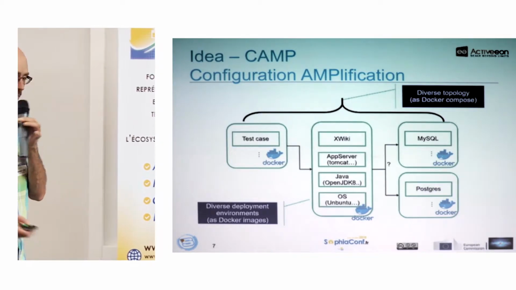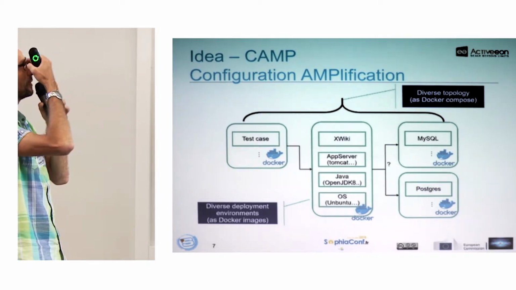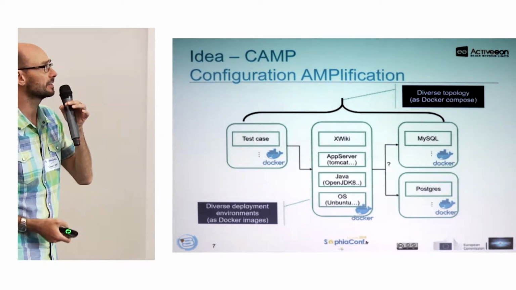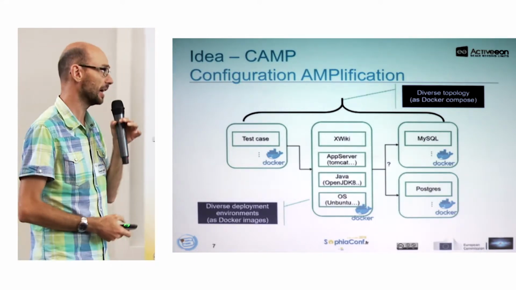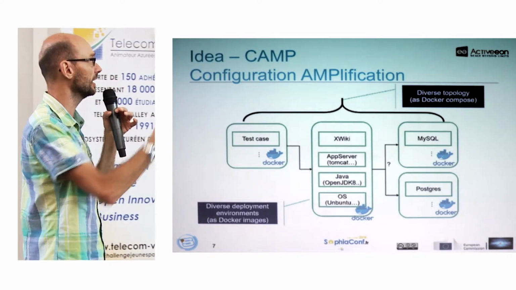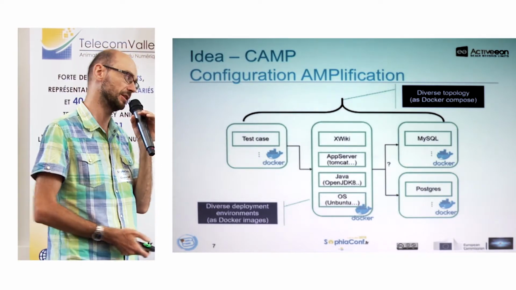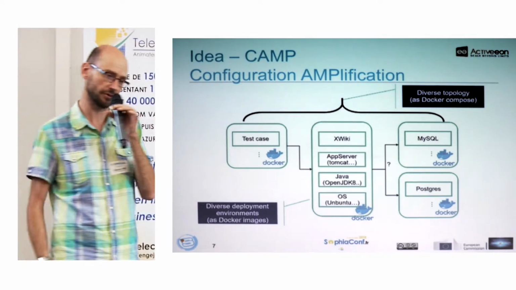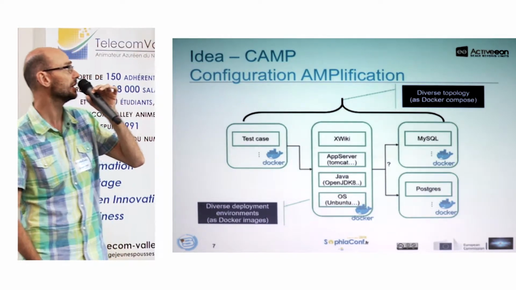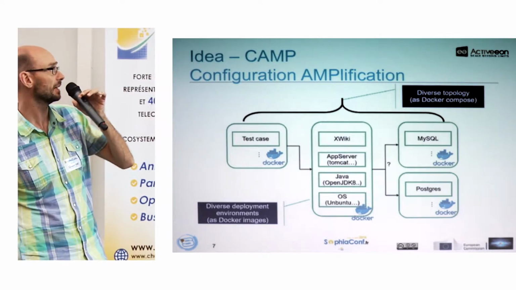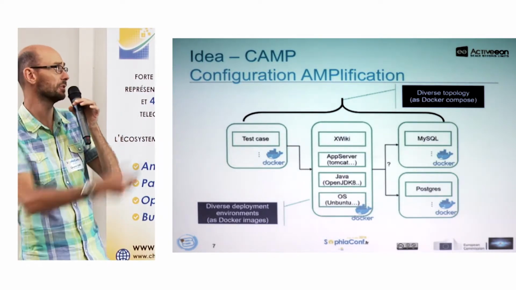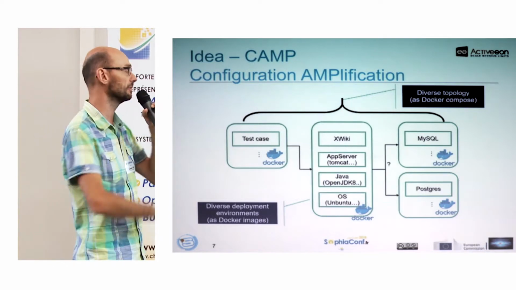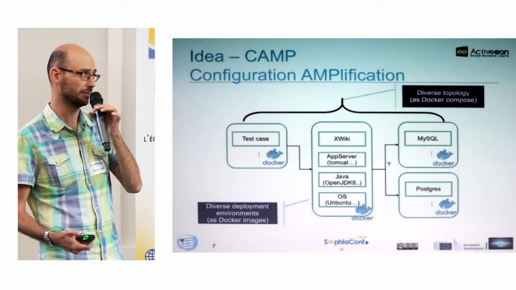but still it works. The CAMP configuration testing takes your Docker file. In your Docker file, you have, okay, I have this operating system, I have this version of JDK, or I have a Docker compose file with this database, this service, and so on.